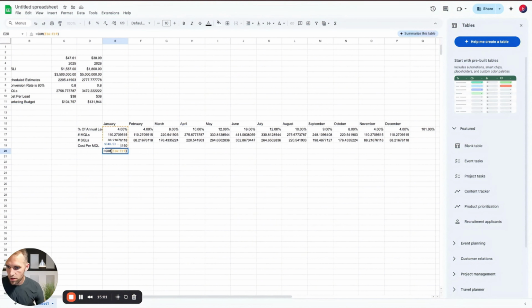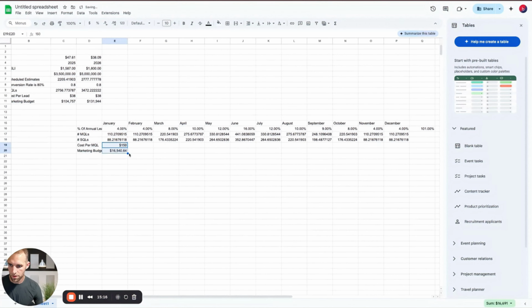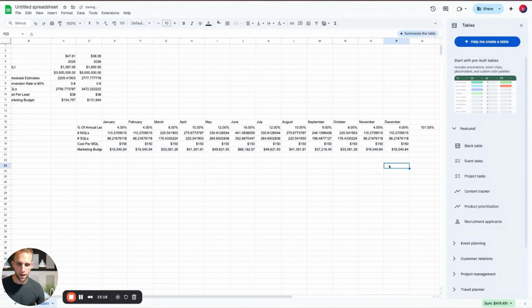So then the last piece here is, now I have my, this is 150. So I would do cost per MQL times my number of MQLs. So now my marketing budget each month looks like this. And then I would say, as we get into busy season, this is going to drop rapidly. In April, I don't want to be spending more than 60.